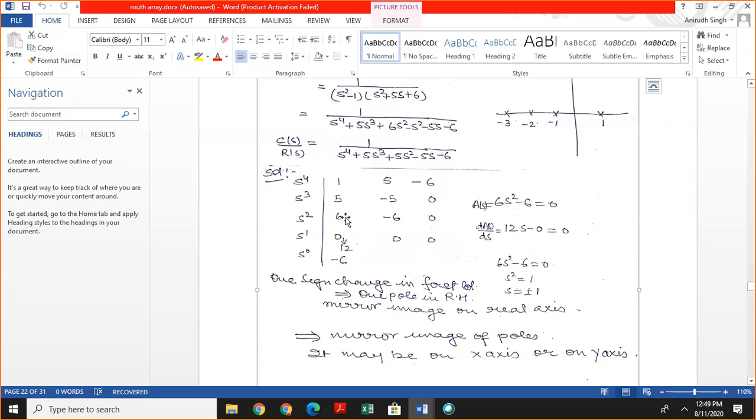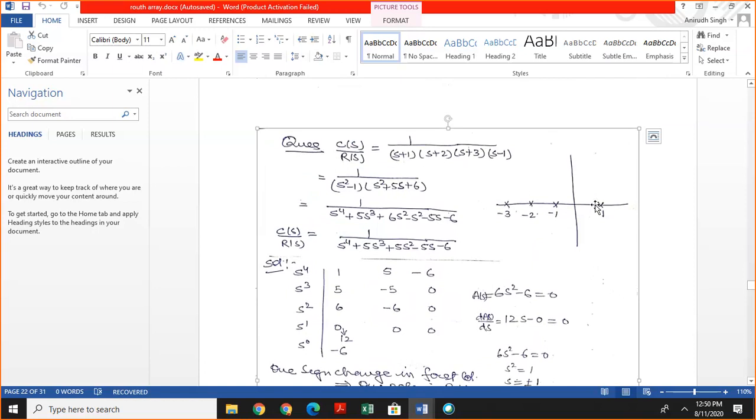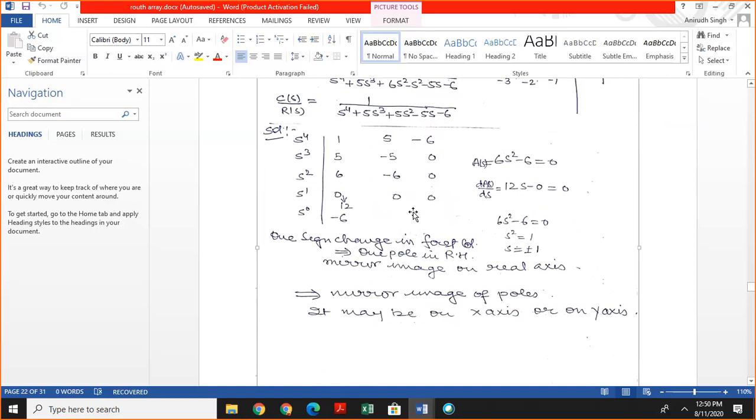There is one sign change, which means one pole is in the right half plane, so the system is unstable. When a whole row is 0, we always get a mirror image of poles.